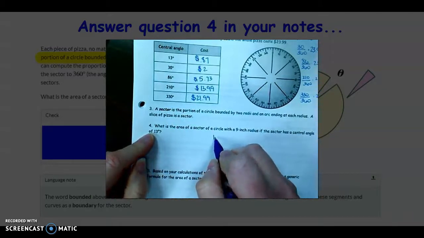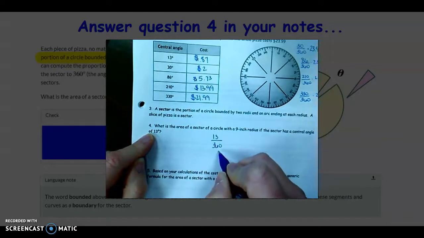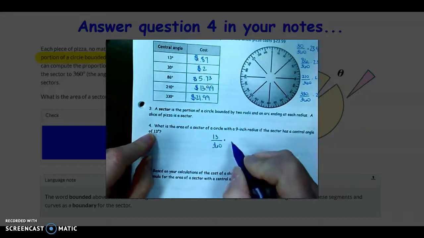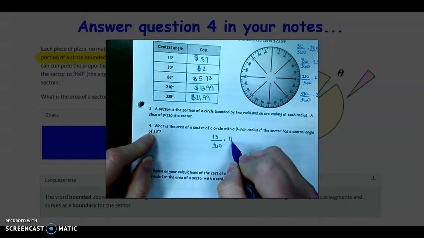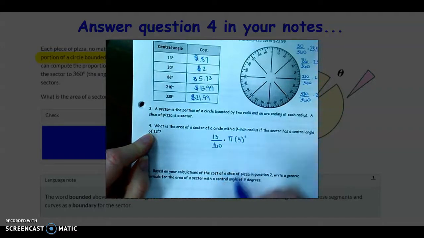So I'm simply going to put 13 over 360. That gives me my fractional part that I want of, which means to multiply, the full circle's area, which is pi r squared. And we're told the radius is 9.